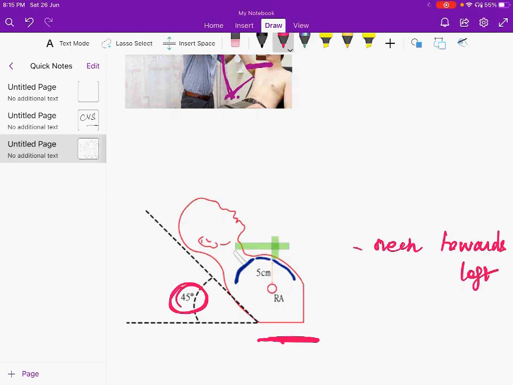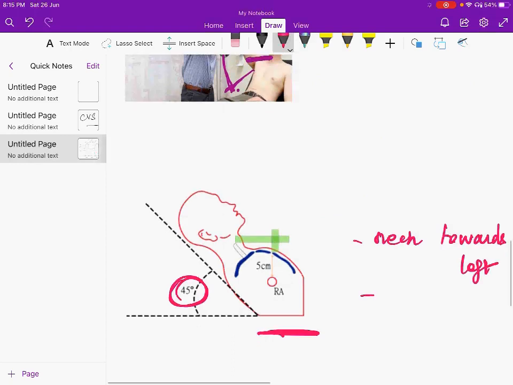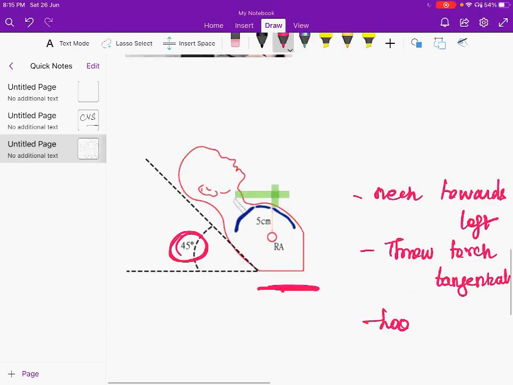Turn the neck towards the left so that the right side of the neck is visible. Look tangentially for the topmost pulsation. So in this diagram, this is the topmost pulsation. So you need two scales.